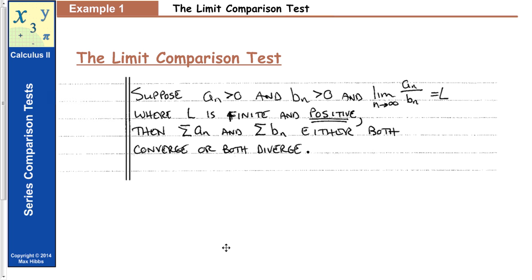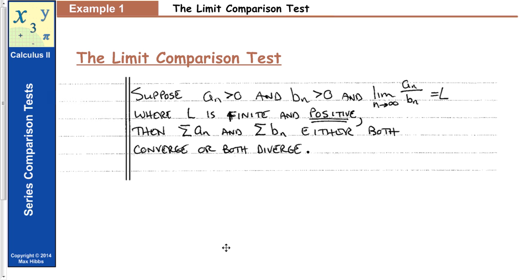Okay, so here's what the limit comparison test says. Suppose we have a series made up of a sub n's that are all positive, none are zero, and a series of b sub n's that are all positive, none are zero.